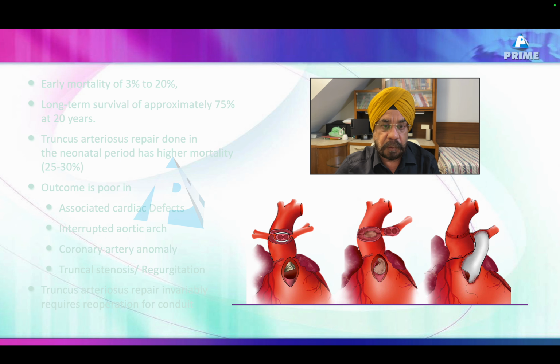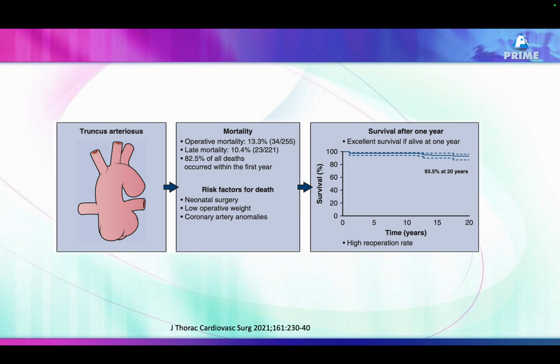as the child grows. So in summary, very recent articles from two years back actually show that if we happen to have the surgery in the neonatal period, mortality is high. Even otherwise, the mortality as of today is 13% by all surgical means, which is very high mortality.